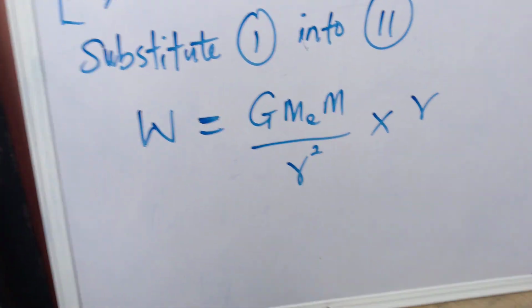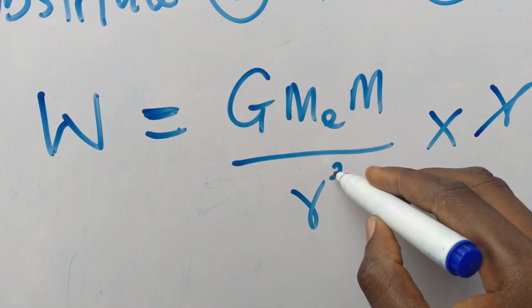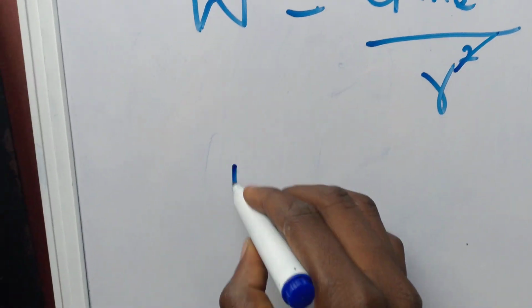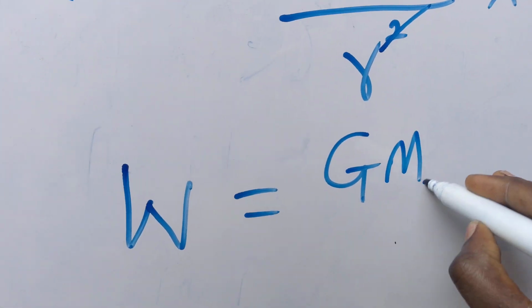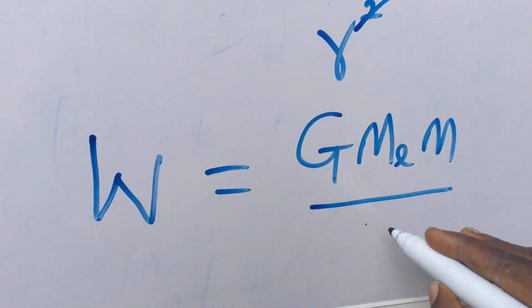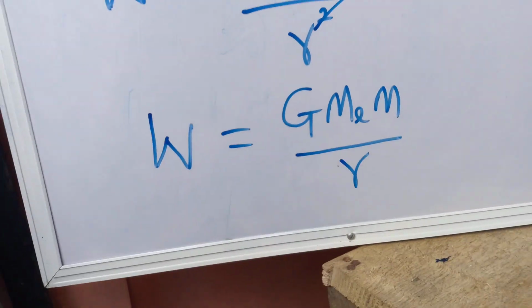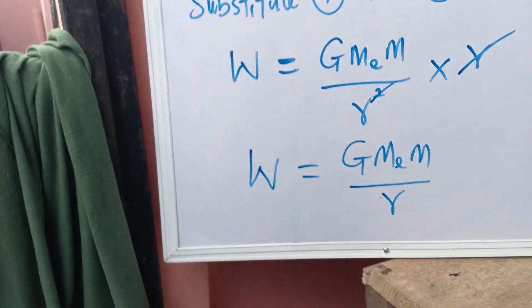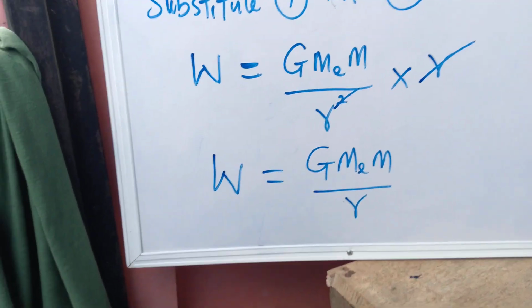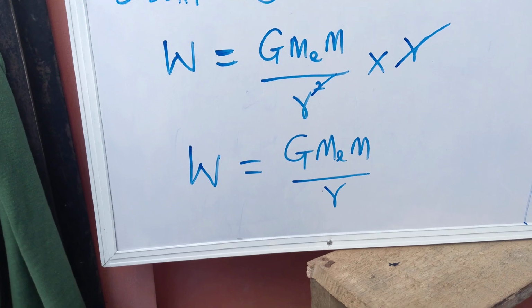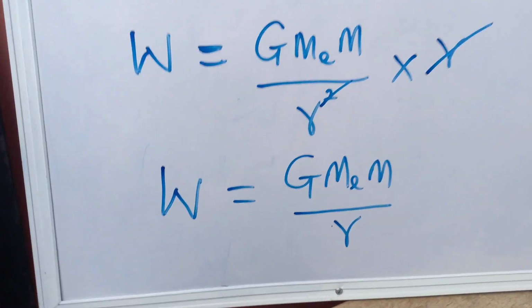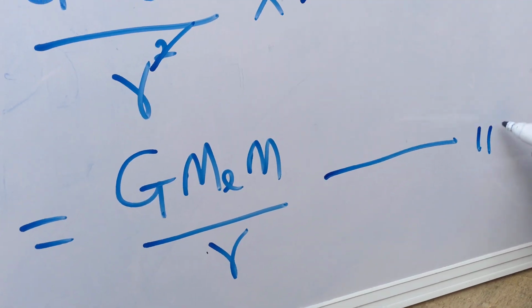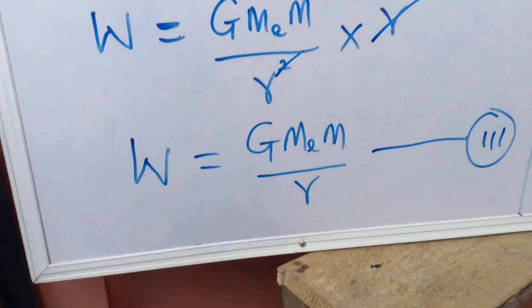Okay, so we cancel one of these, and I have that W is equal to G me m over r. Okay, so the work done is G me m over r. At this point we'll call this equation 3. My work done is given as this.